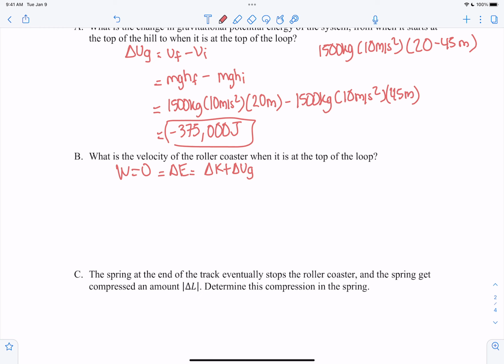So in this case, we can see here that if this whole thing is 0, then delta K should be equal to negative delta UG, right? So whatever increase I see in kinetic energy is equal to my decrease that I saw in my gravitational potential energy.